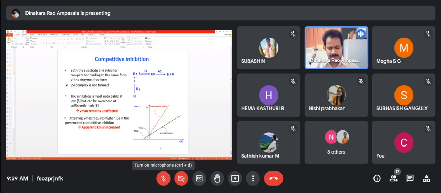When you plot substrate concentration versus velocity, the maximum velocity, Vmax, will not be affected in competitive inhibition, whereas the Km will be increased.